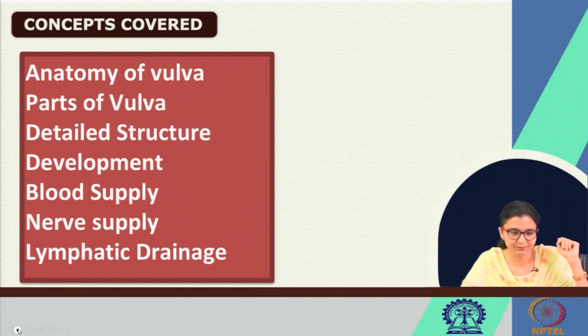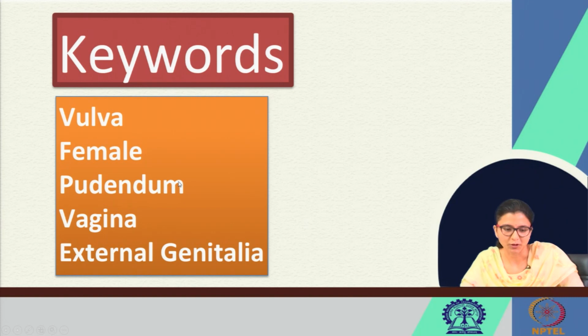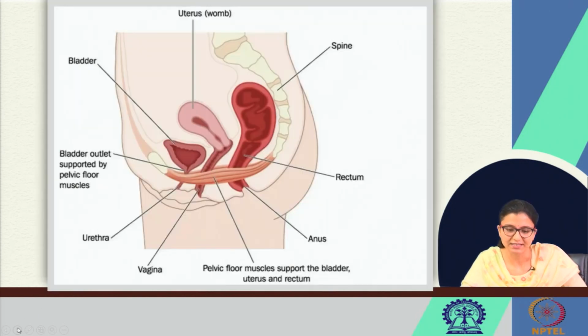So, let us come to the proper class. The key words are vulva, female pudendum, vagina and external genitalia.